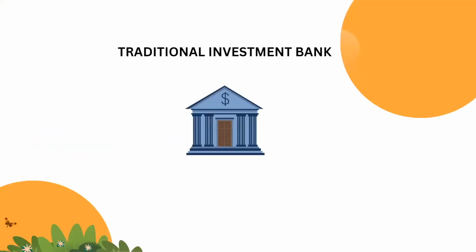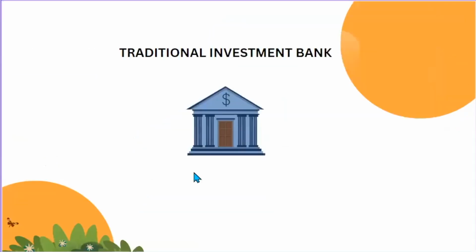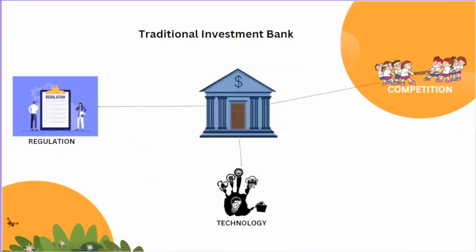So today we will take an example of a bank, a traditional investment bank. So this bank always faces three problems. So let's see what the three problems are. First is regulation. Regulation means, let's say we have the RBI. Okay, so let's click on the draw right now and we'll click on this.